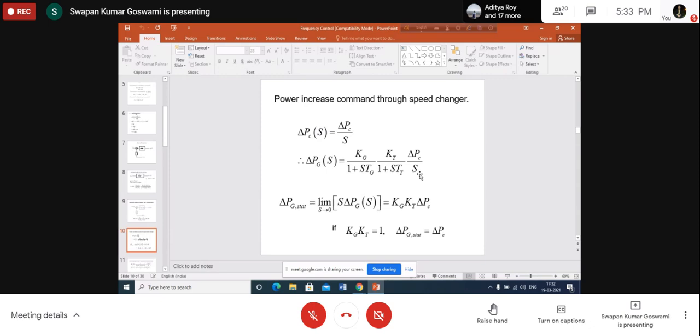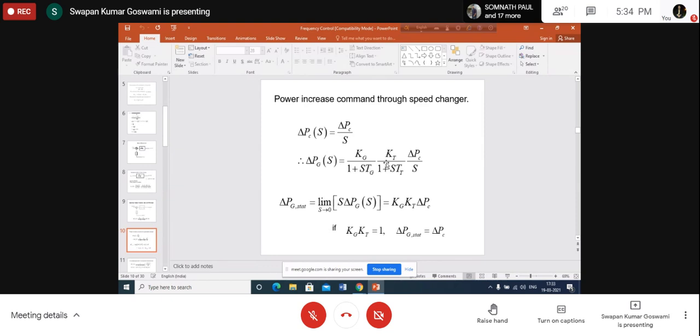Obviously, we shall have to take the help of the final value theorem. What is the final value theorem? The final value of delta PG may be found out by writing S times delta PG(S) with S tending towards 0. This basically is the final value theorem. So you write S times delta PG(S) and make S tending towards 0.